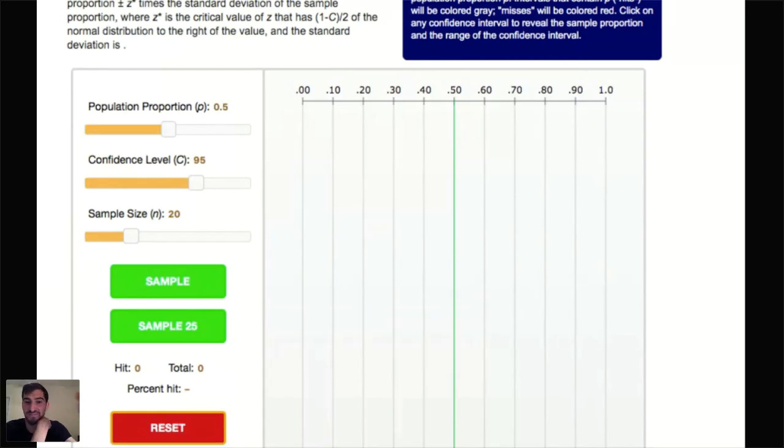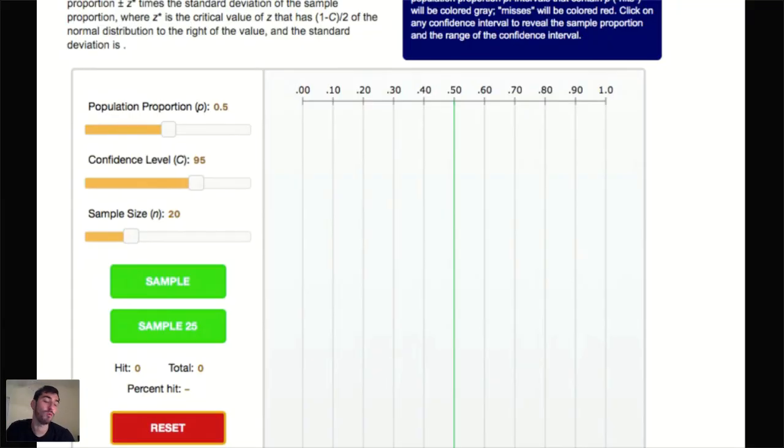And so what you should be seeing on your screen is a number line basically from 0 to 1. And right now, we're going to do a simulation where we know that the actual population proportion is 0.5. So let's say it's 50% of people say yes to a certain question.